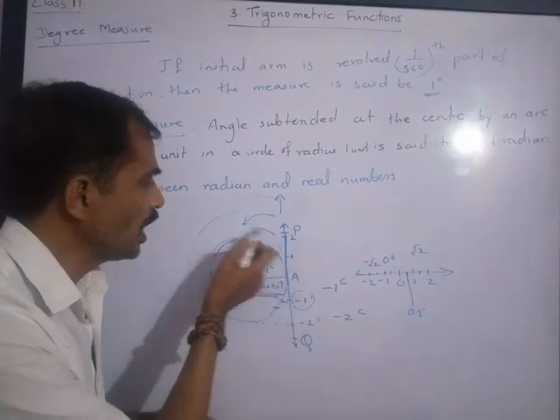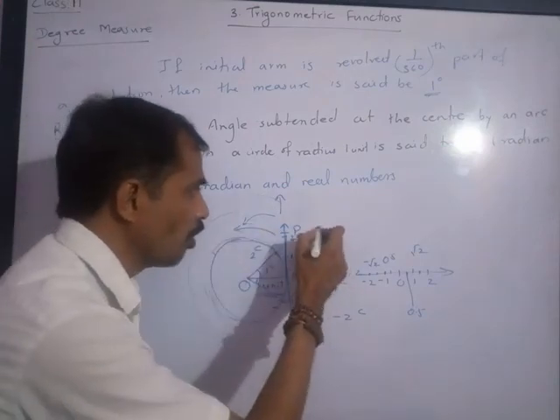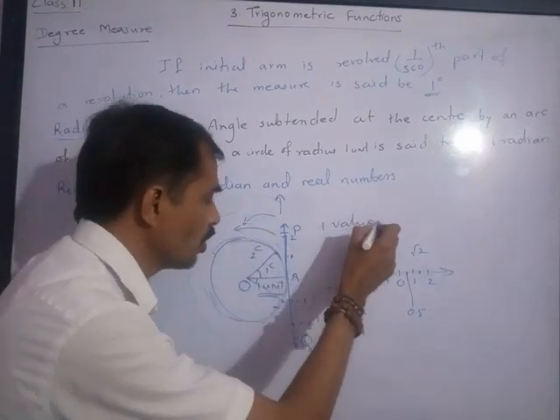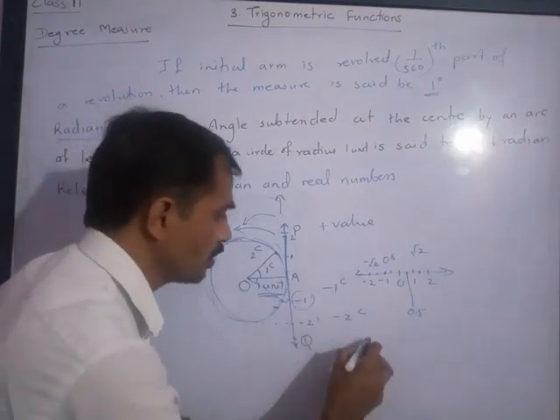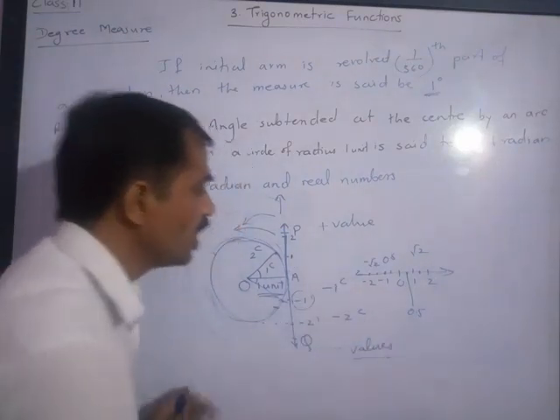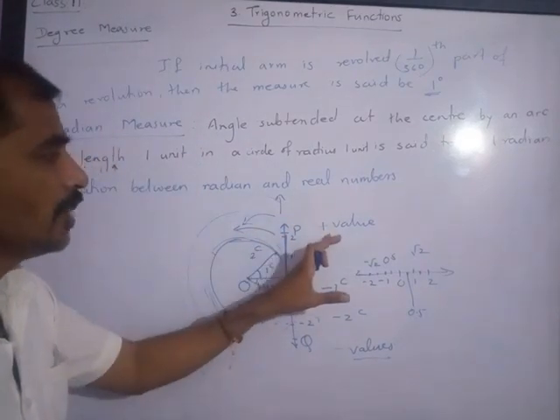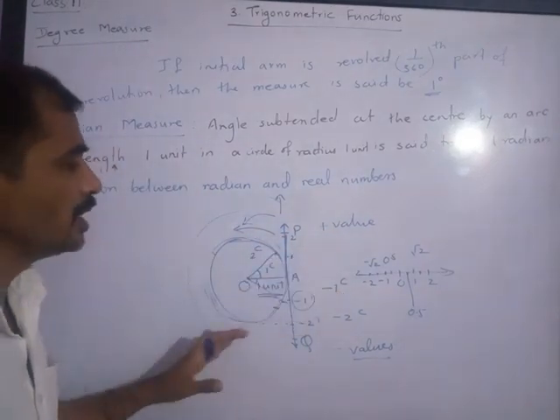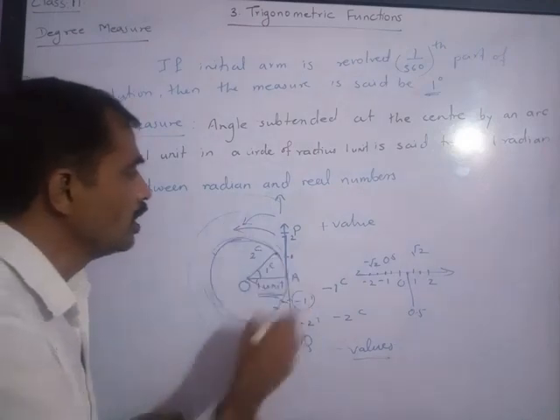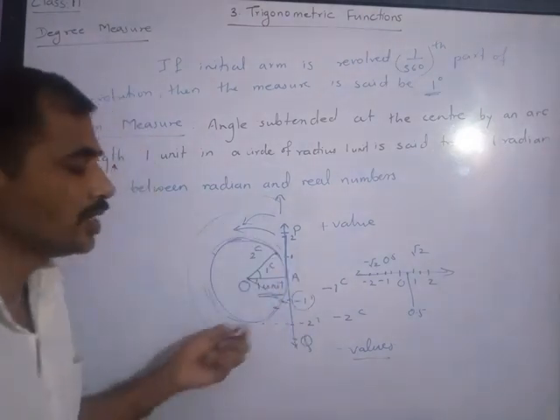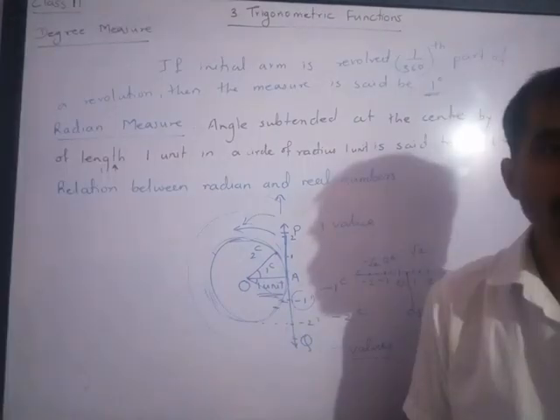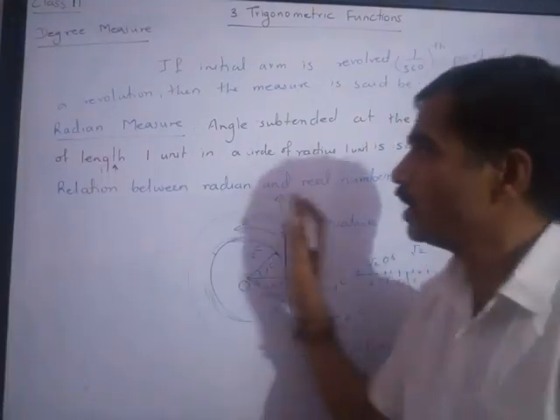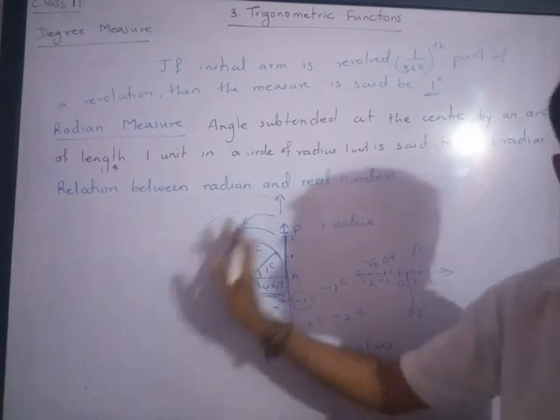So if it is rotated in anti-clockwise direction, it will take positive values, and if it is rotated in clockwise direction, it will take negative values. Please note, from this we understand that all the real numbers can be represented on the circle, or they will have some radian measure on the circle. Thus, radians and real numbers can be considered nearly the same.